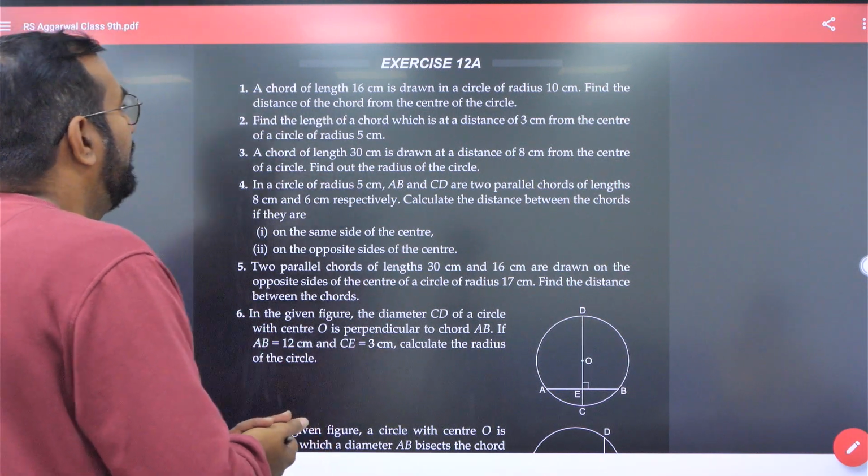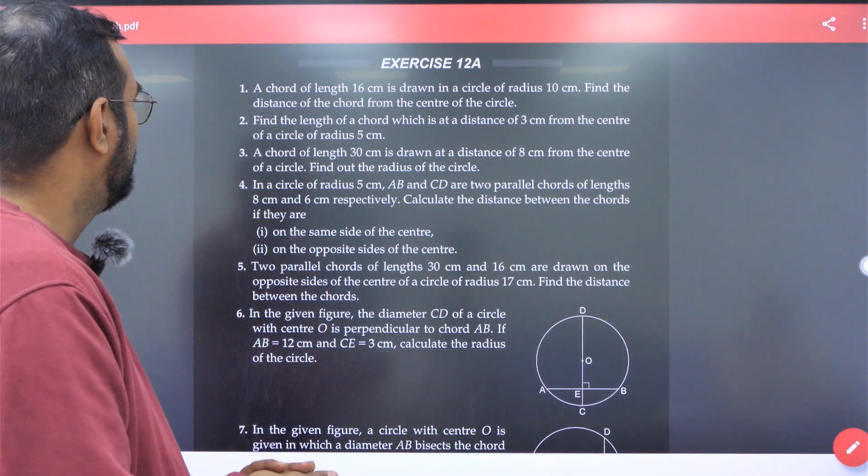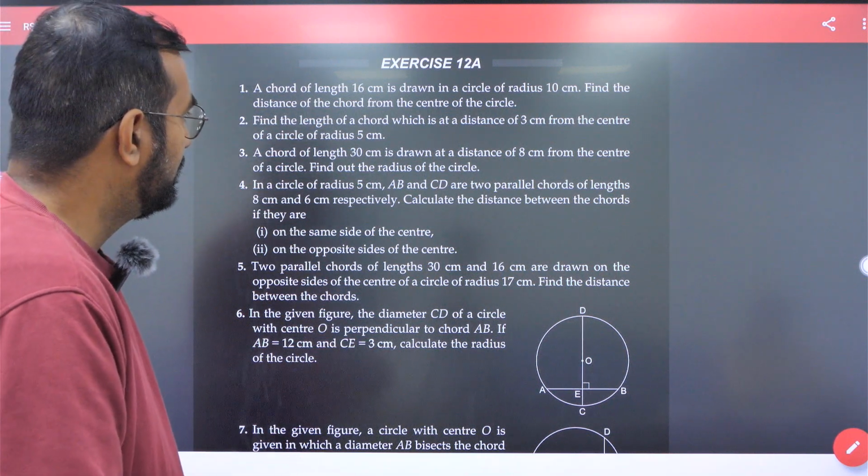A chord of length 16 cm is drawn in a circle of radius 10 cm. Find the distance of the chord from the center of the circle.